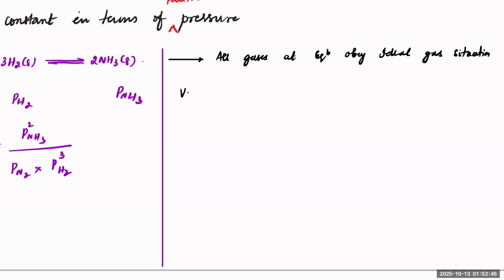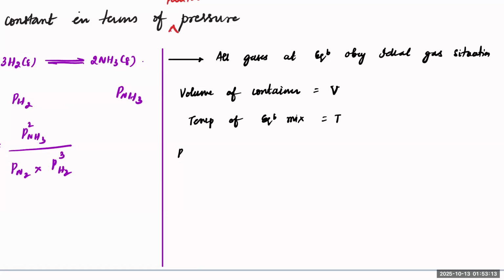So that means the volume of the container in which the reactants and products are present, let us call it V, and the temperature of the equilibrium mixture, let us say it is maintained at temperature T.